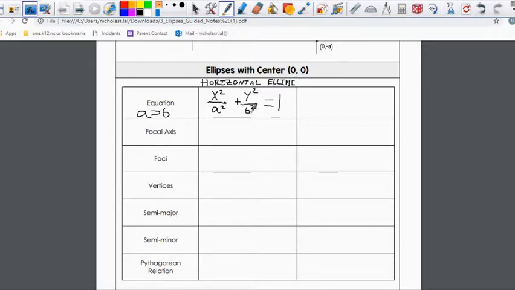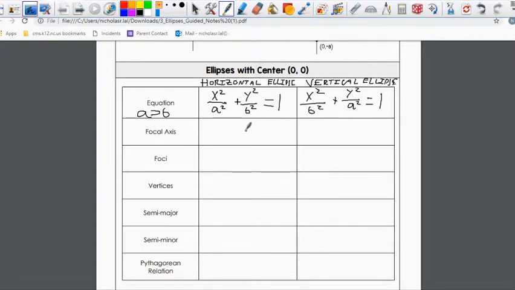A vertical ellipse is going to be when the larger denominator is under the y term, and that's going to have the equation x squared over b squared plus y squared over a squared is equal to 1.